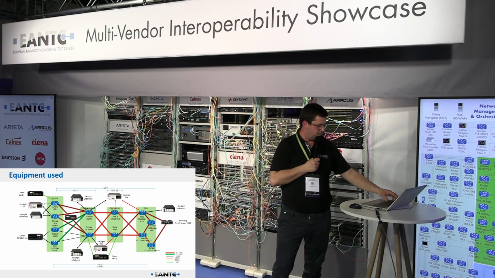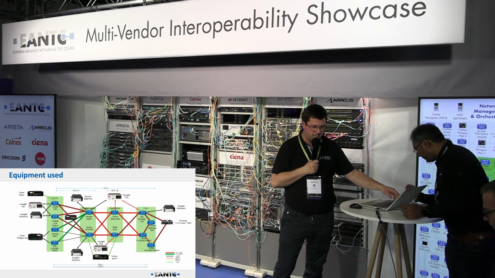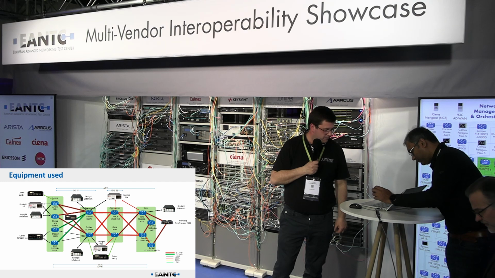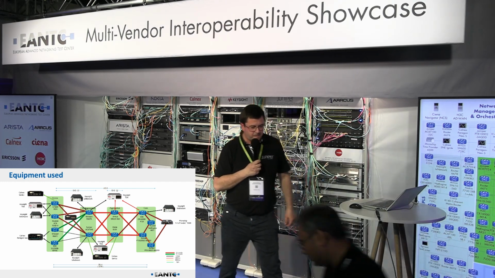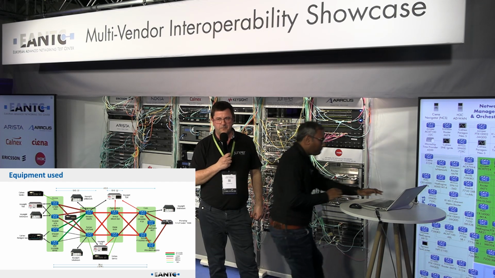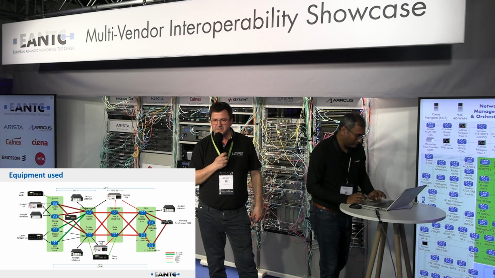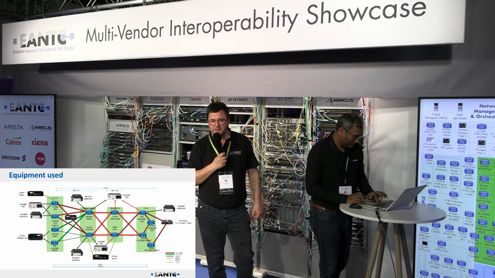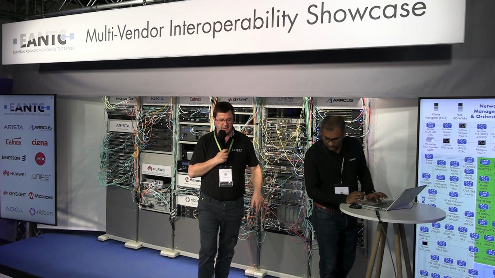So now we are going to show you the measurement points that we have throughout the network, showing the two-way time error, the relative time error, and also the end-to-end delay here.